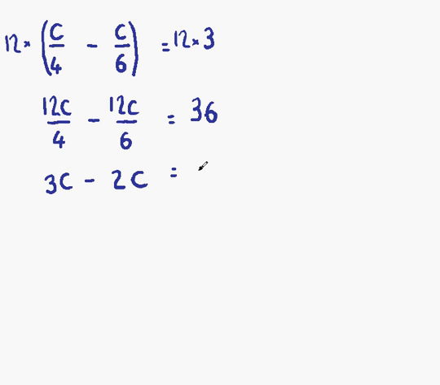And on the right hand side we have 36. 3c minus 2c is c, so c equals 36. And that's our final answer.